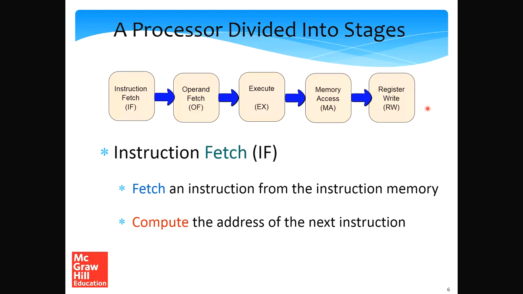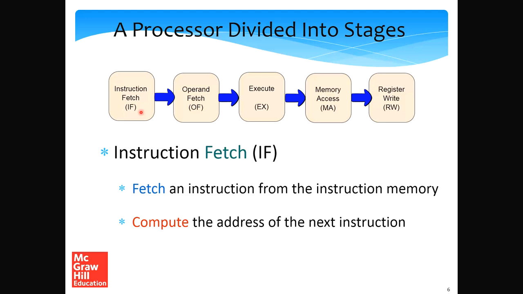Here we start with the instruction fetch stage. In the instruction fetch stage, we fetch the instruction from memory. We will call this the IF stage. The next stage is the operand fetch stage, which we shall call the OF stage, where we fetch the operands, be it registers, not memory addresses but registers, and also blow up constants and immediates.